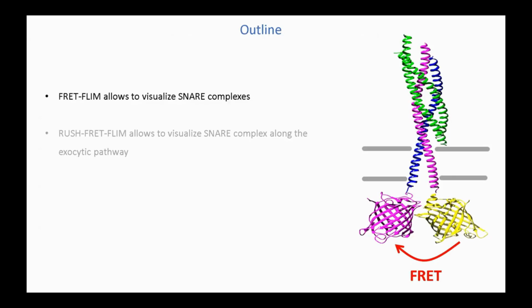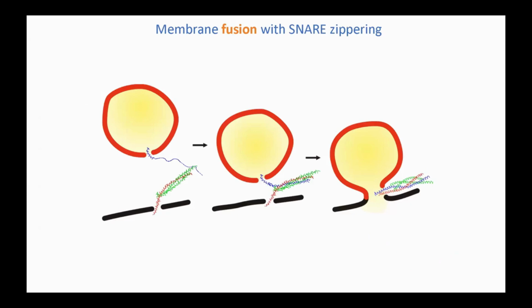So I will show you how you can use FLIM, so fluorescence lifetime imaging microscopy, to visualize those in cells, and also how to do this dynamically. Now, to remind the biologists and for the non-biologists, SNAREs are the so-called engines of membrane fusion. So you find them in virtually all organelles except the mitochondria, and they fuse membranes.